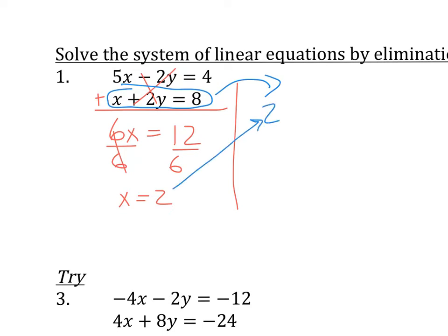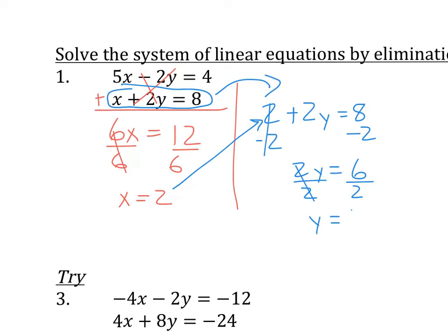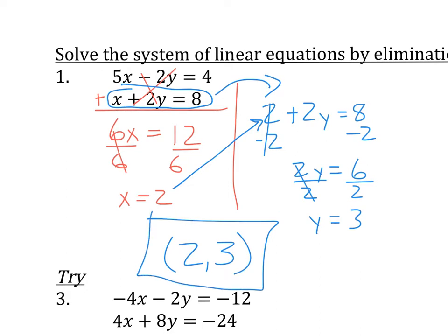I bring that number up and stick it there, plus 2y equals 8. So now I'm just solving for the y variable. So I subtract 2. So 2y equals 8 minus 2 is 6. Divide, and y equals 3. So then my ordered pair answer, write it together, x comma y, 2 comma 3.